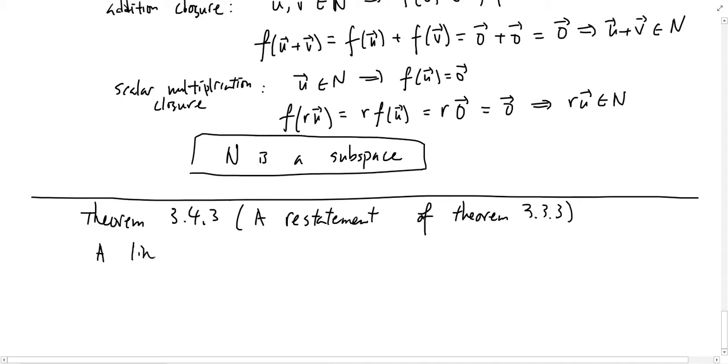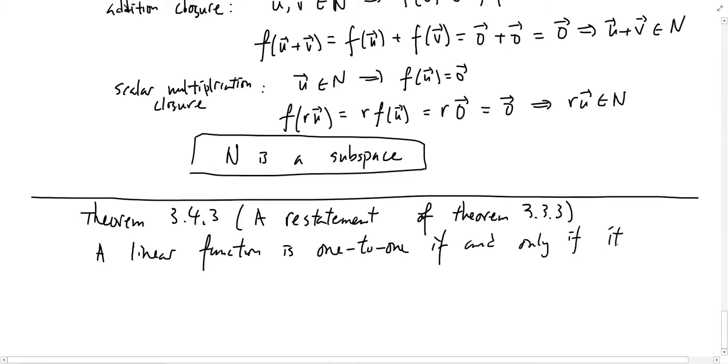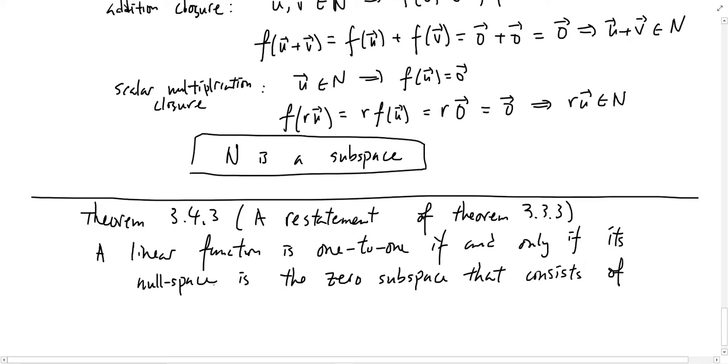A linear function is 1 to 1 if and only if its null space is the trivial subspace, or the 0 subspace, that consists of only one element, which is the 0 vector.